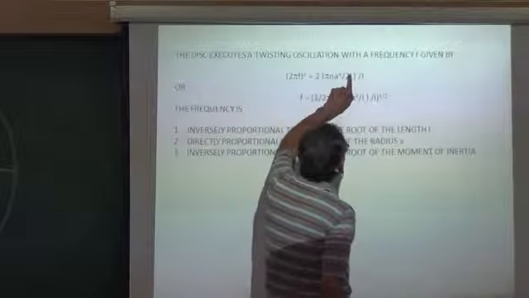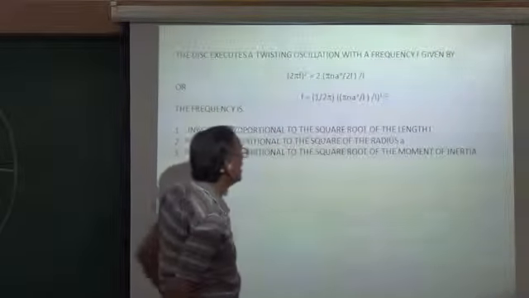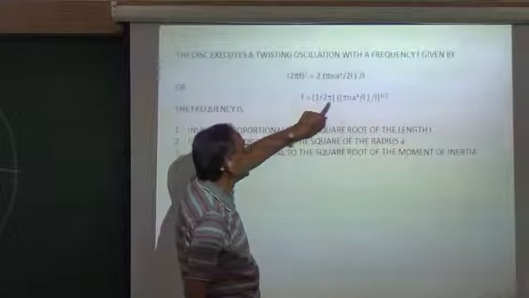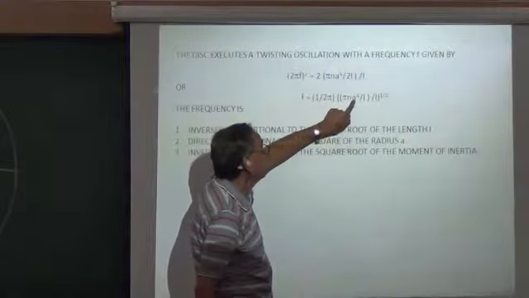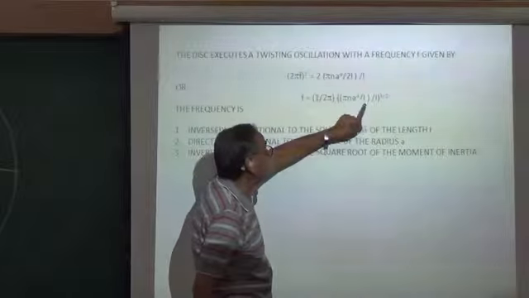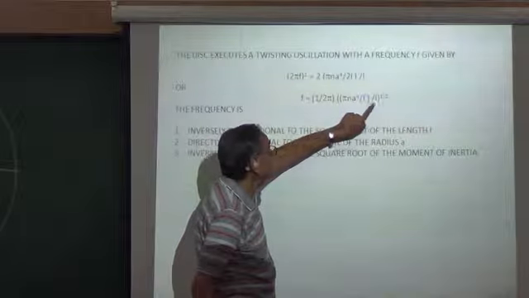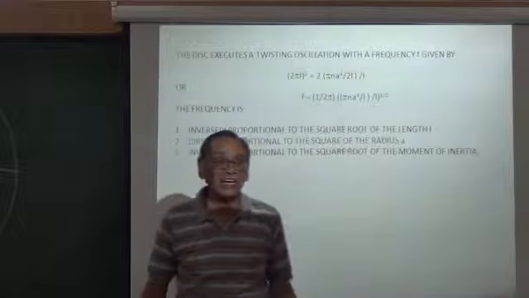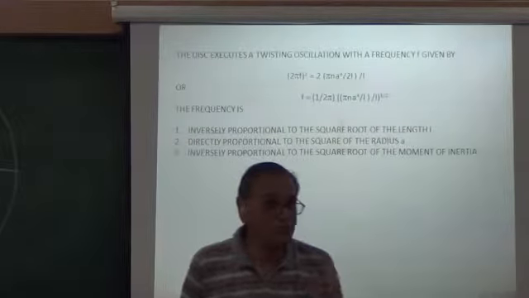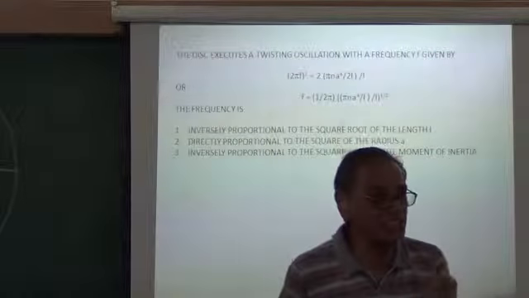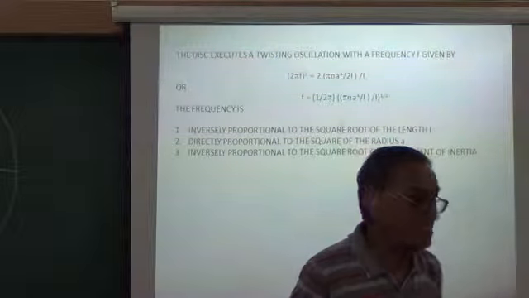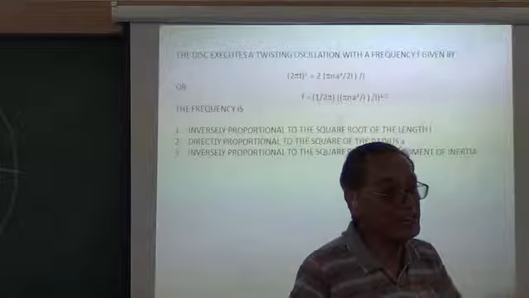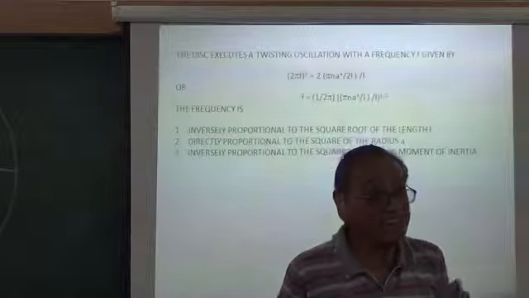So this is L and this is I. So your frequency is 1 by 2 pi into the square root of n pi r power 4 by 2 L I, with 2 and 2 cancelling. So this will be the frequency of oscillation of this wire as I change the length.